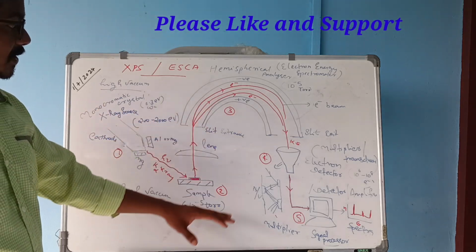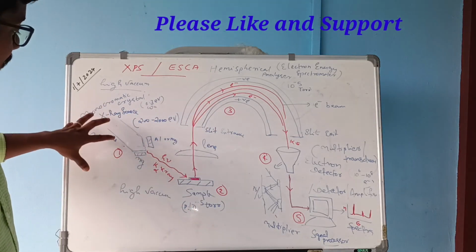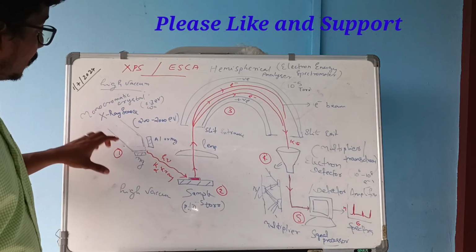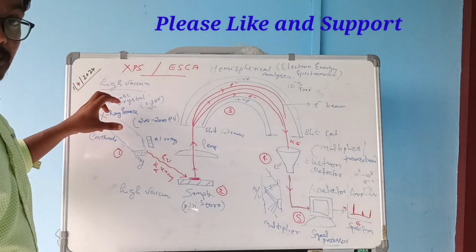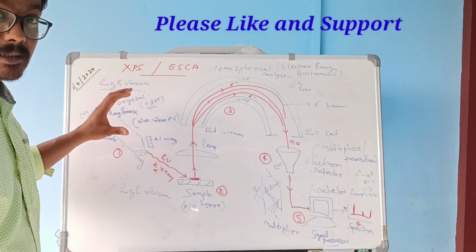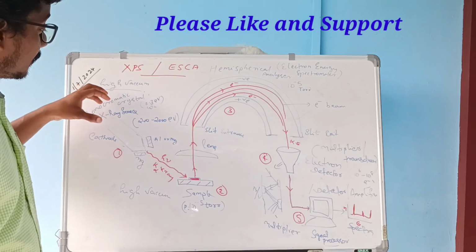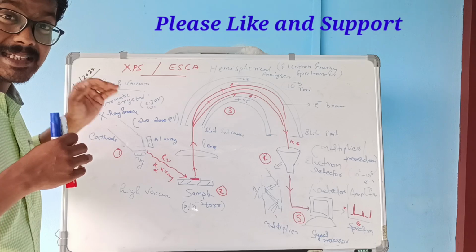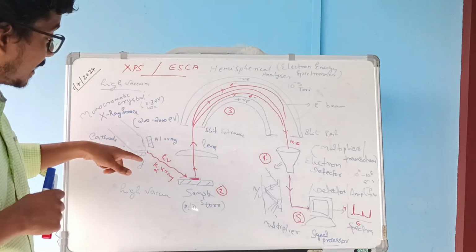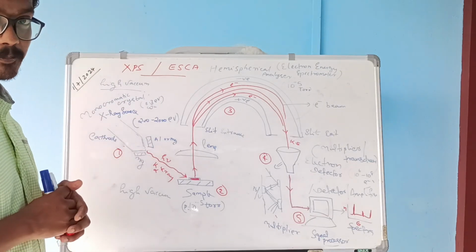This is the illustration. This is the source, a cathode tube with a monochromatic crystal, having an X-ray source obtained by directing the beam onto magnesium or aluminum metal.